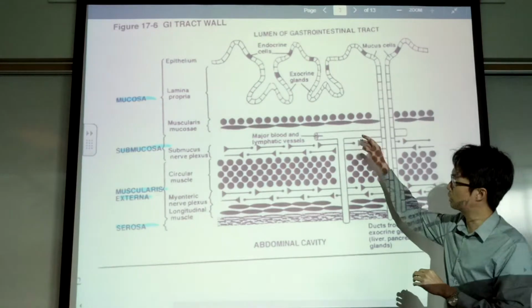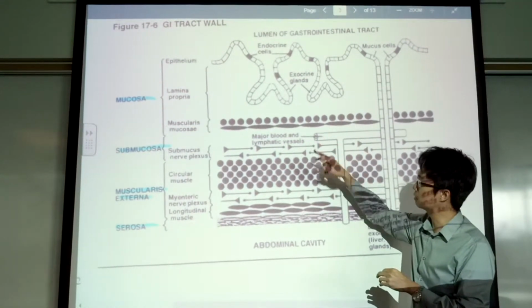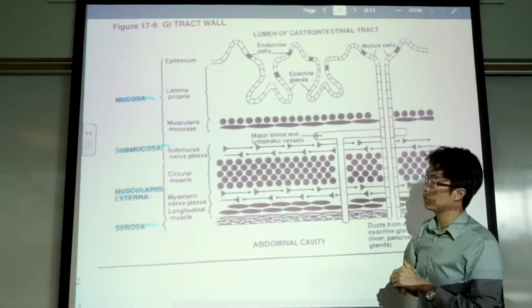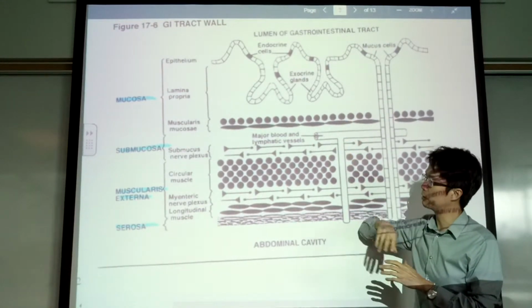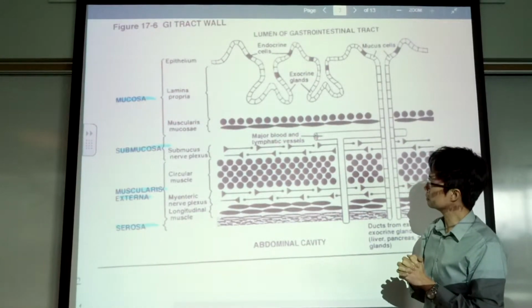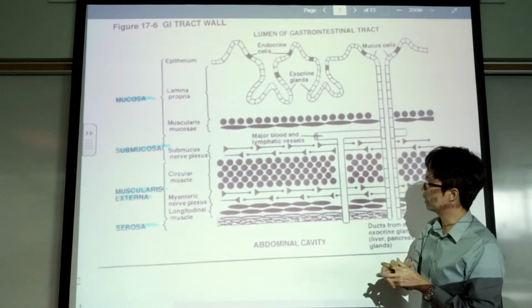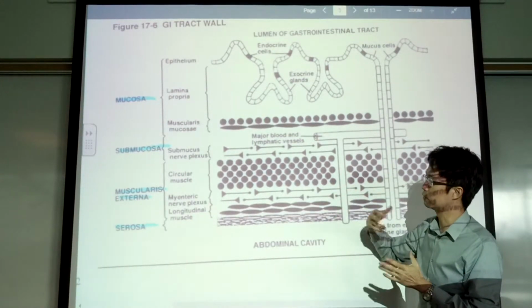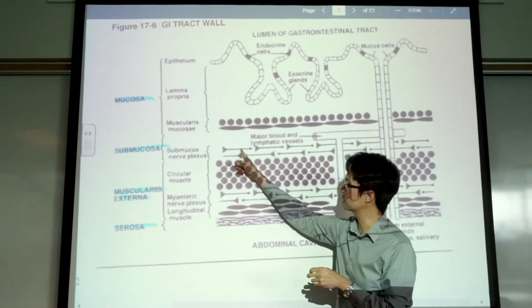Yes, you can see that you have the circular and longitudinal layer. Whenever you see muscle, this is a smooth muscle layer. Whenever you see muscle, then you have the nerve. So in the submucosal layer, you have the nerve plexus here.